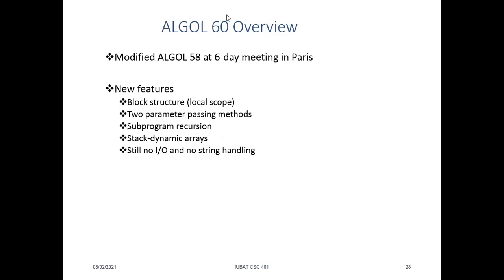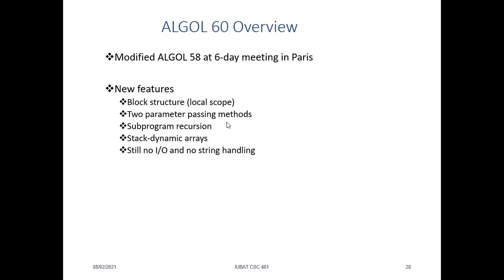But that's what happens. After that, all the scientists sat in a 6-day meeting in Paris and modified this ALGOL 58, and after much discussion they created some new features such as block structures, which we use today even in functions, where you use a local scope.